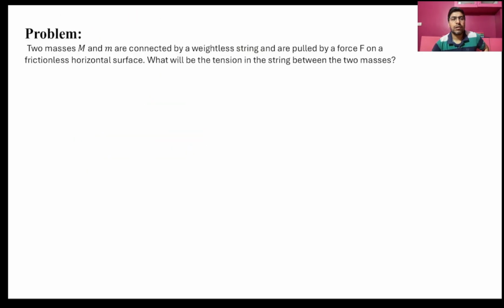Now come back to the numerical based on Newton's second law. Given that two masses, capital M and small m, are connected by a weightless string and pulled by a force F on a frictionless horizontal surface. What will be the tension in the string between the two masses?